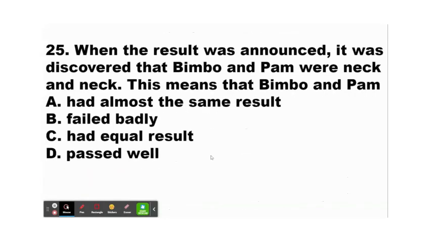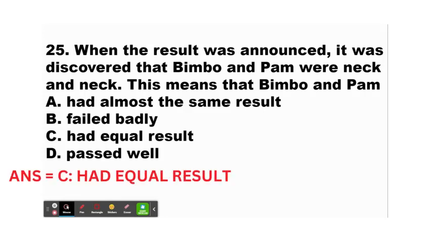25. When the result was announced, it was discovered that Bimbo and Pam were neck and neck. This means that Bimbo and Pam, A, had almost the same results, B, failed badly, C, had equal results, D, passed well. When you are neck and neck with someone, it means you are performing equally.